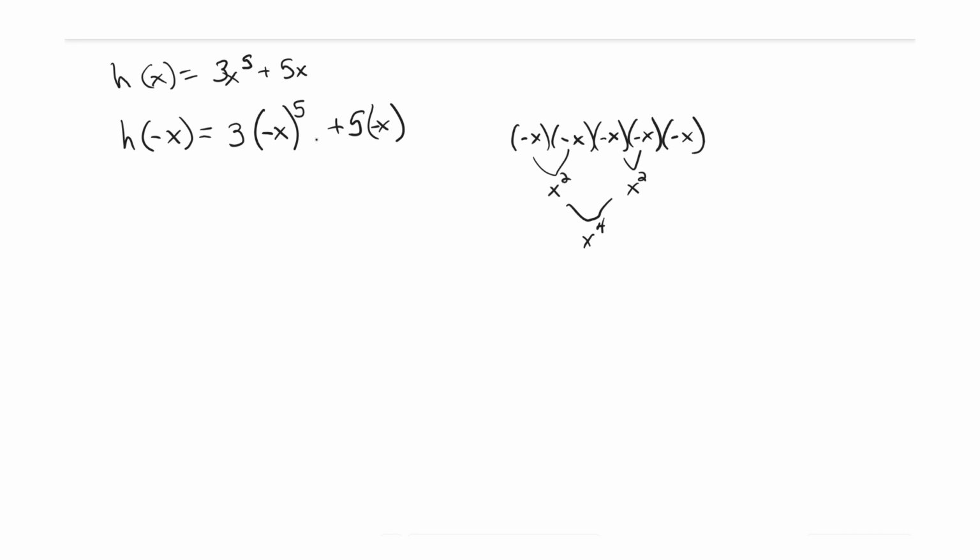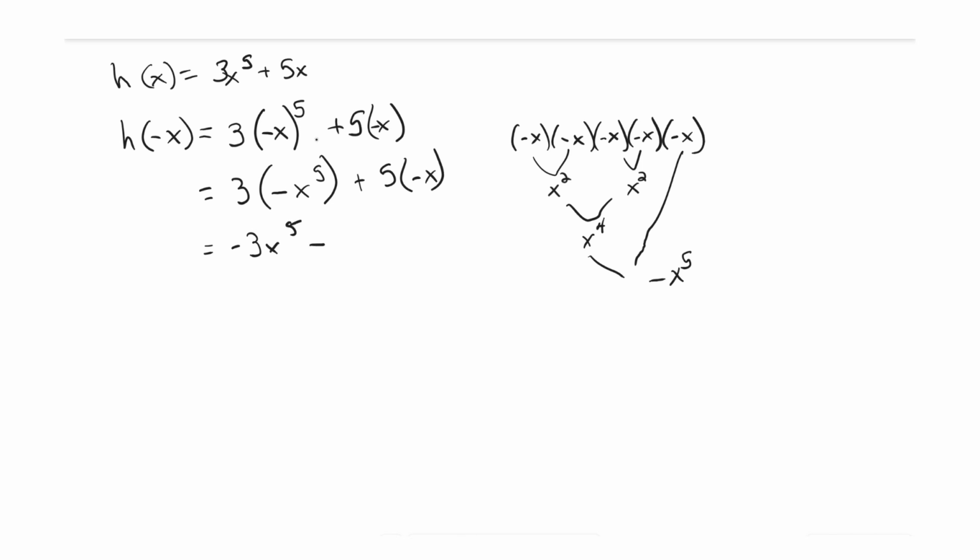But when we multiply a positive times a negative, we're going to end up with a negative. So our first term becomes 3 times negative x to the 5th, and then plus 5 times negative x. And then, of course, as we distribute out the 3, we get negative 3x to the 5th. And when we distribute out the 5, we get negative 5x.